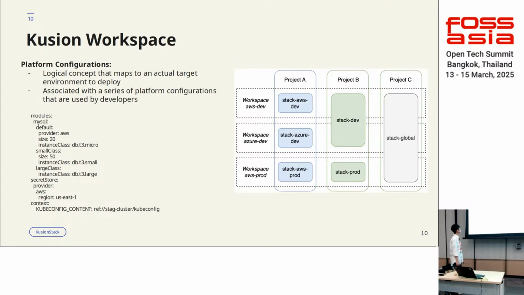In addition to serving as a deployment venue, workspaces are structured to be linked with a set of platform configurations, which will apply to all the stacks deployed within that workspace.